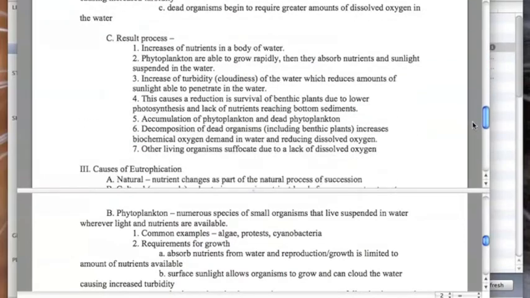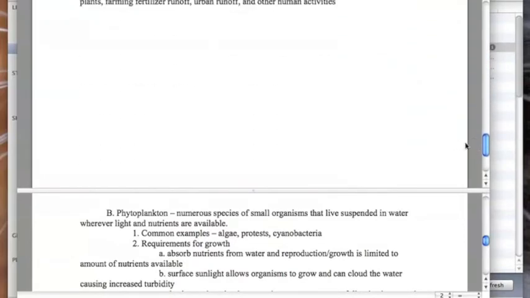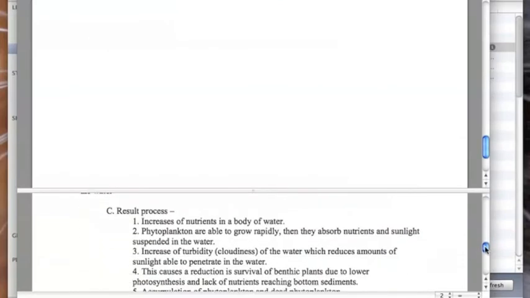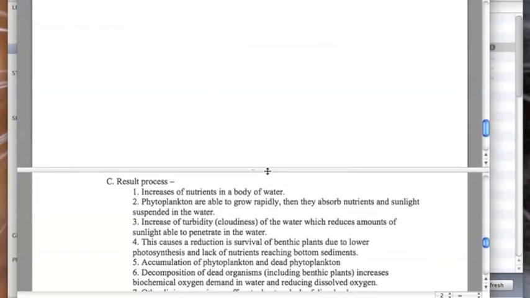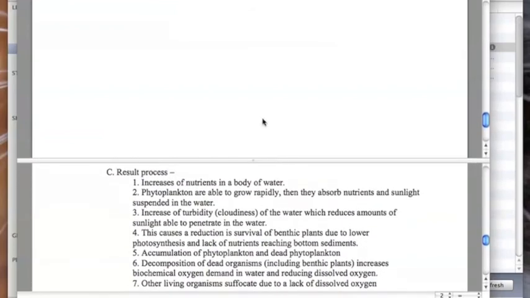So, as we study eutrophication, we should consider the process of eutrophication, and specifically where the different contributors are that lead to eutrophication. If we think about a place like a lake, okay?